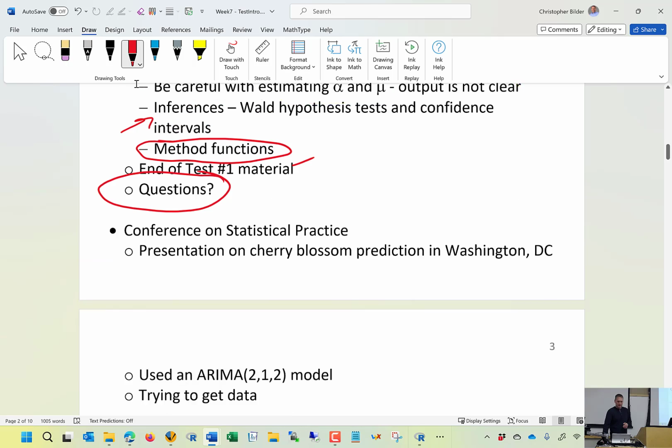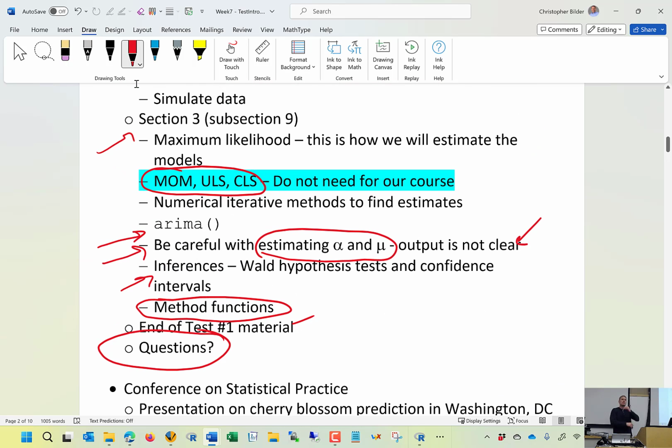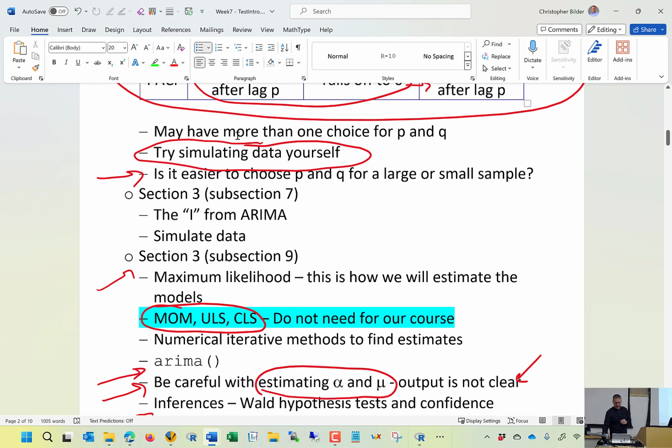I'm confused about the ARIMA P and Q when you say tails off to 0, especially with the ACF. If you don't mind coming back to that.